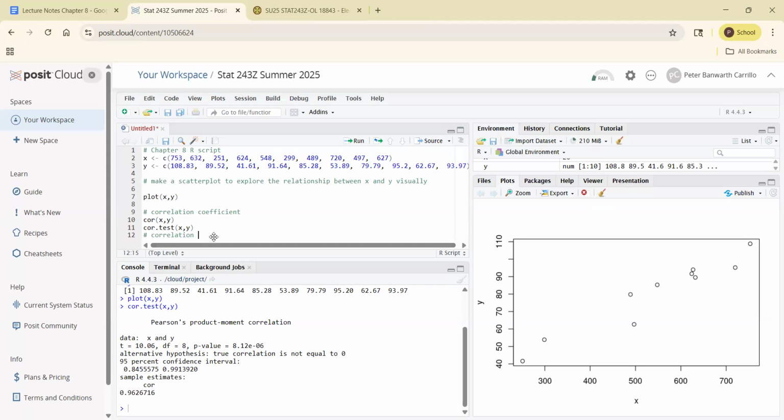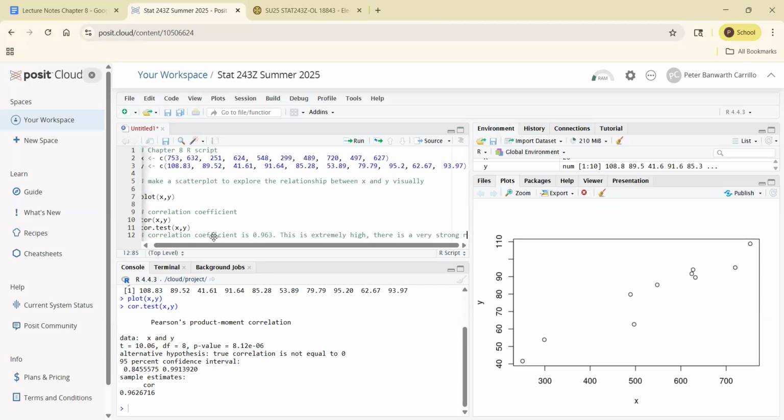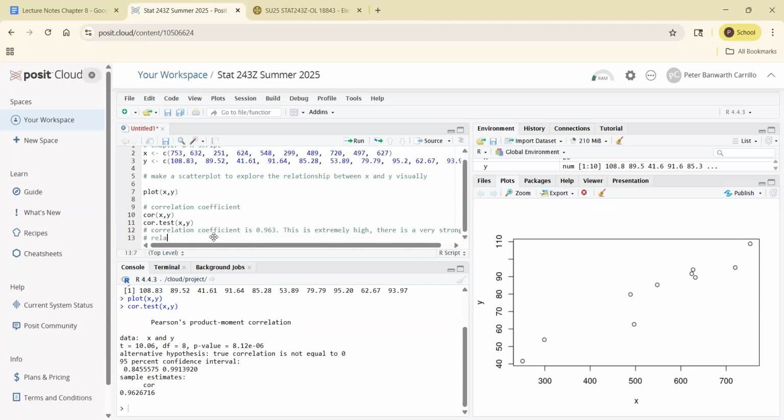So the correlation coefficient is 0.963. This is extremely high. There is a very strong relationship between X and Y, and it is positive.